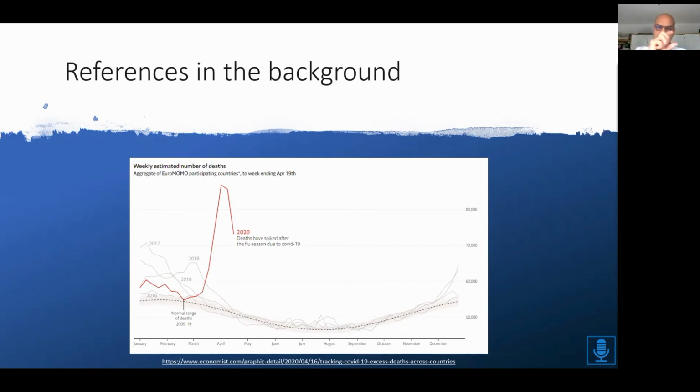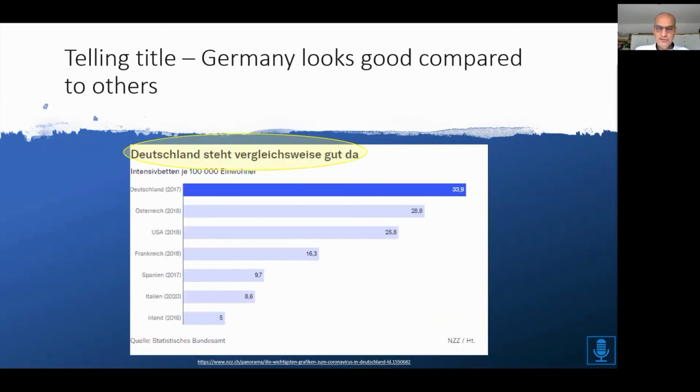And therefore you see all the other teams still in gray in the background as references, but the teams that are really of interest are in the foreground. That is also used here in the next slide.